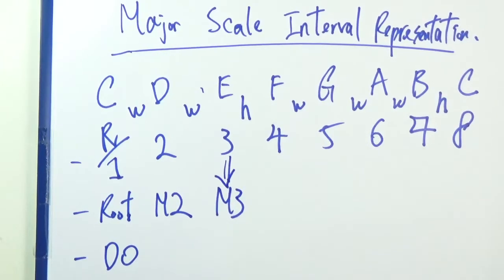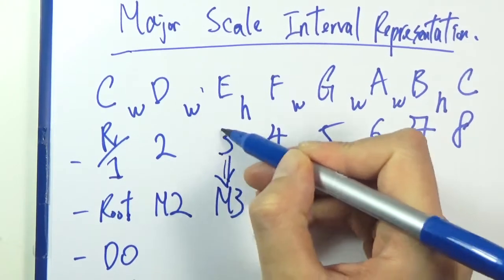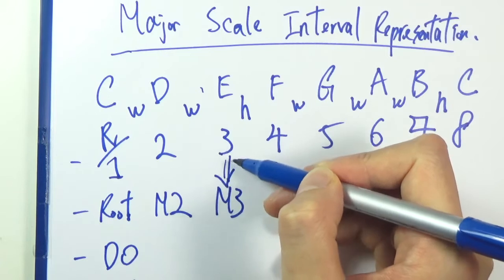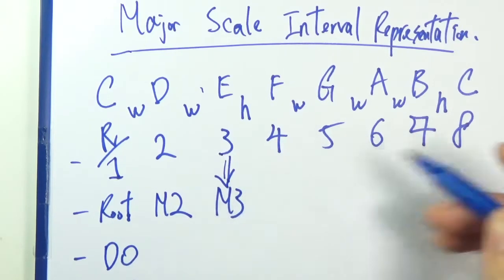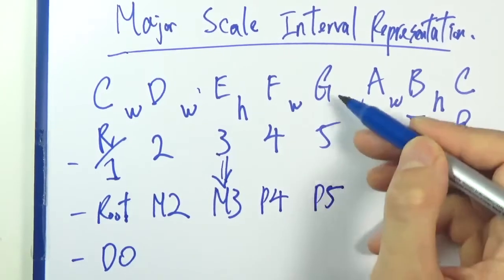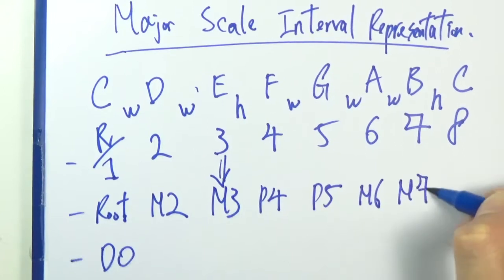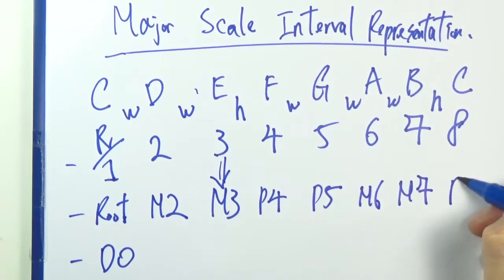From now on, you have to be aware that when we are talking about 3, we're actually referring to major third. So we're being very specific here. Perfect fourth here, perfect fifth for G, major sixth for A, major seventh for B, and then perfect octave.